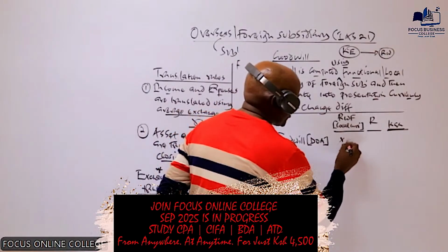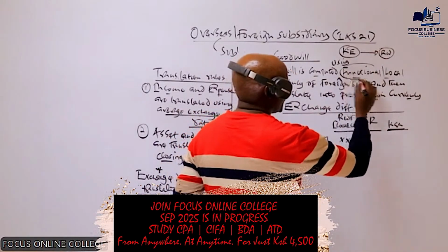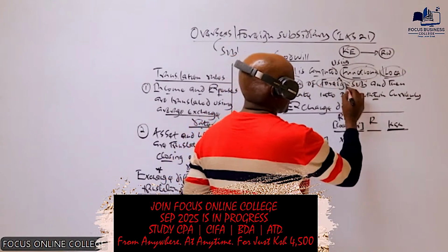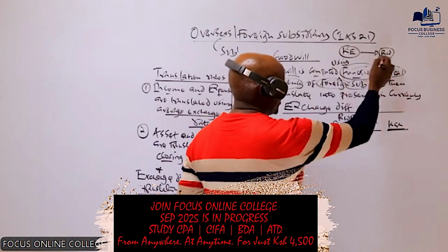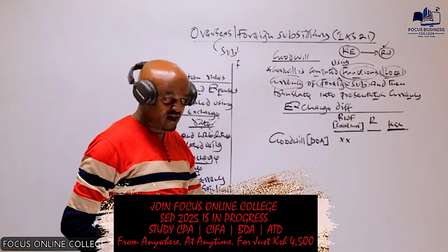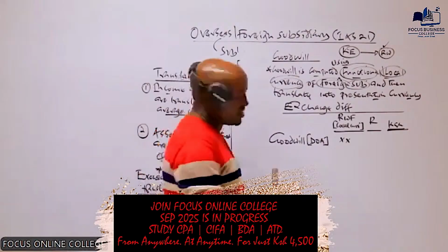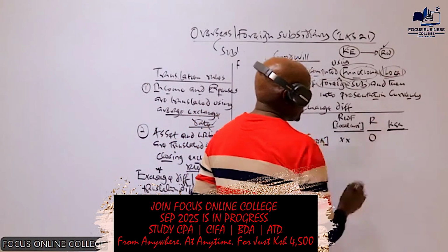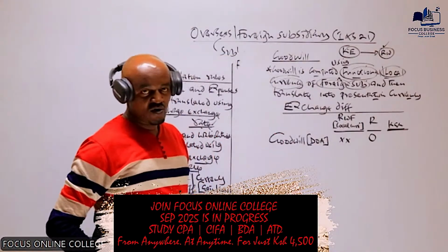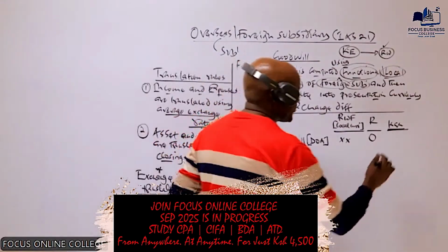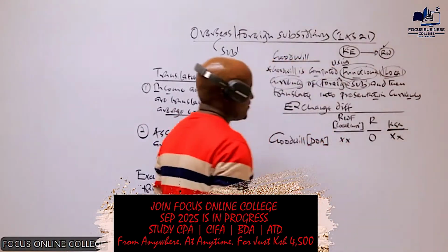And I've said we always compute this goodwill using the functional or the local currency of the foreign subsidiary. So if the subsidiary is operating in Rwanda, we compute that goodwill using the Rwandan franc. Then we translate that into Kenyan shillings using which exchange rate? The opening, O for opening, the exchange rate at the start of the year. We get the value there.